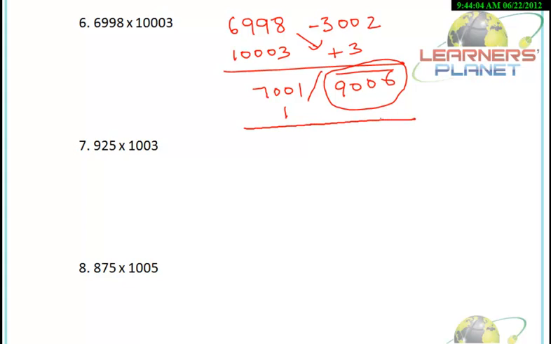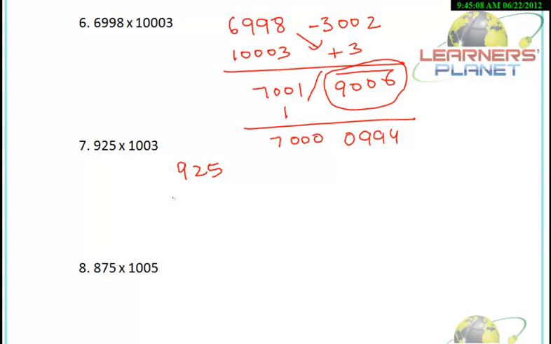So what we'll be getting is 7000, and 9994, but since there are 4 zeros in the base, we'll be putting 0 over here. So the final answer is 70,000,994.